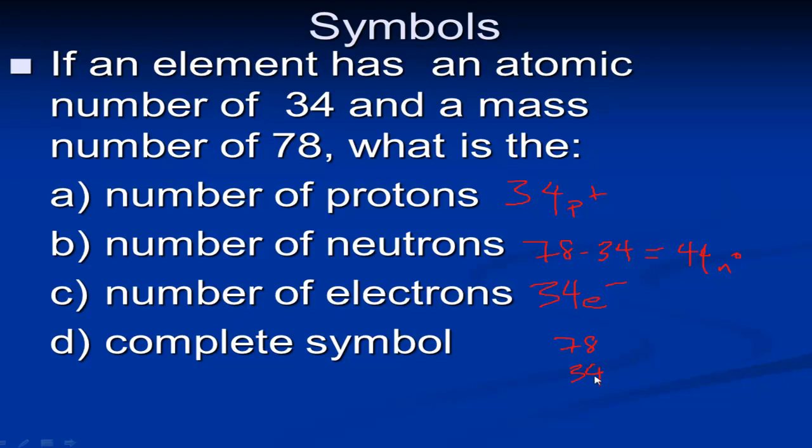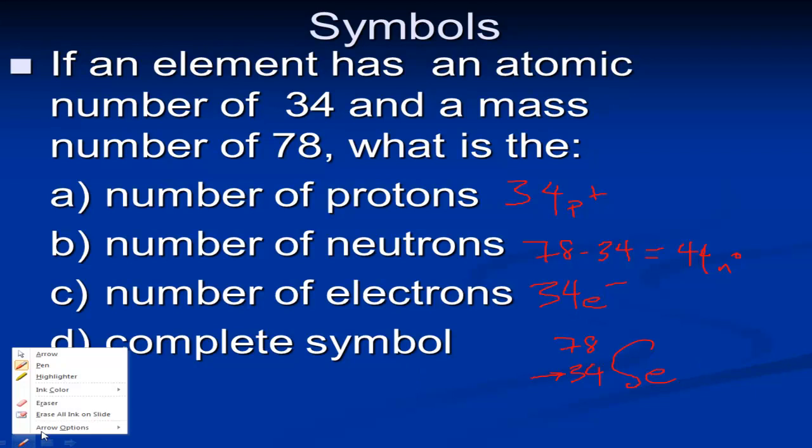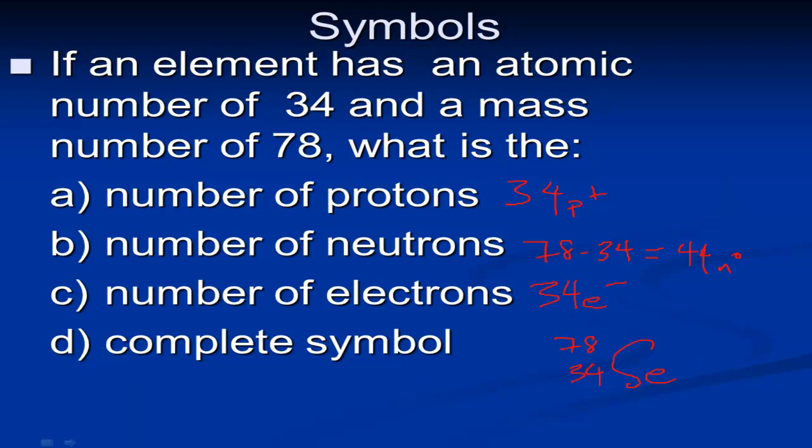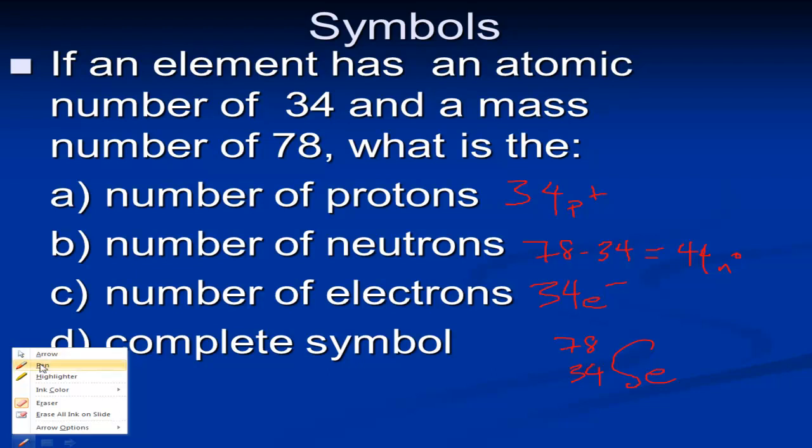And then you'll use this atomic number, 34, to find your symbol on the periodic table. So if you take a look on the periodic table, you find element 34 and you find selenium, Se. So that's how you would get your complete symbol, is again by looking at the atomic number or the number of protons.